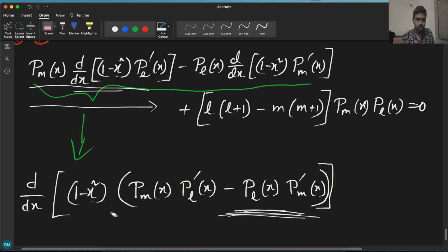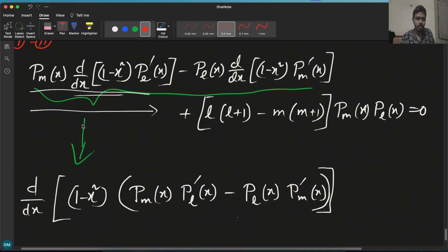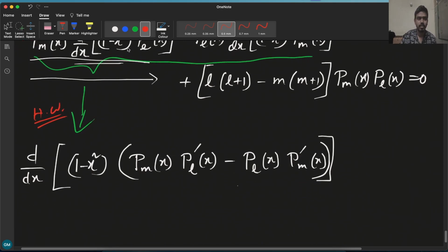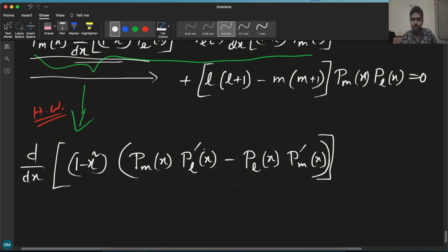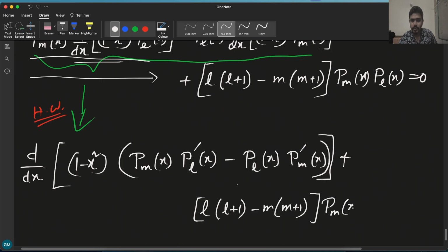So once you do, you will understand. It's very easy. You will get 4 terms and 2 of them will get cancelled. And the next term is, I'm writing it as it is, plus l into (l plus 1) minus m into (m plus 1) P_m(x) P_l(x) equals 0.